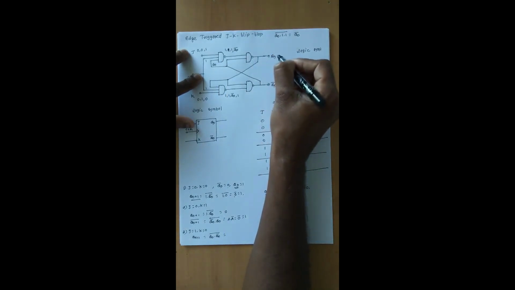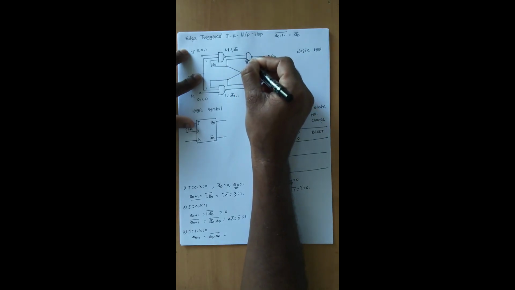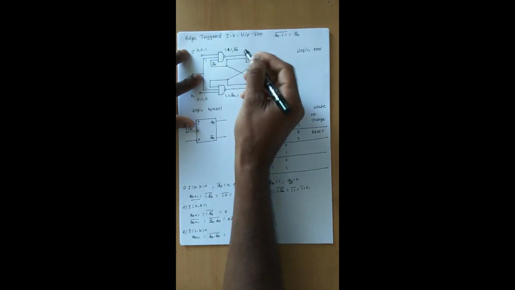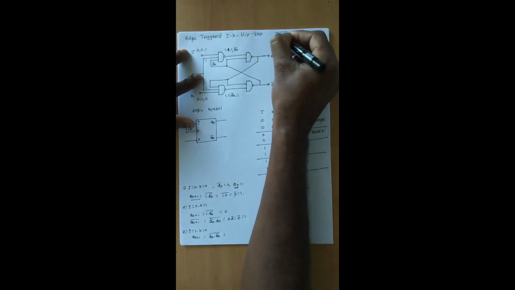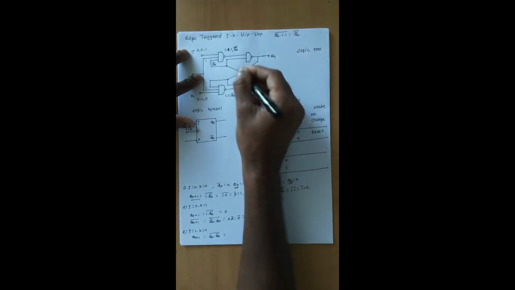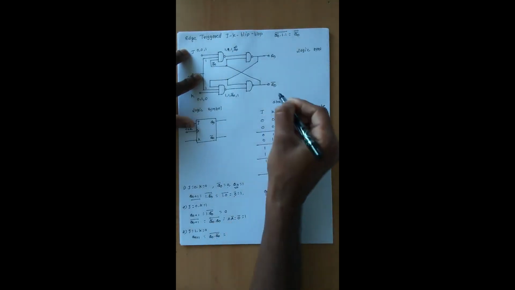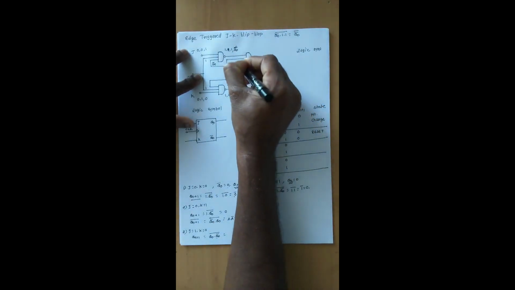So this value becomes Q of n bar here. So we have to find out Q of n plus 1. So Q of n bar into Q of n bar, and its double bar, it becomes Q of n. So the output of this gate is Q of n into Q of n bar.